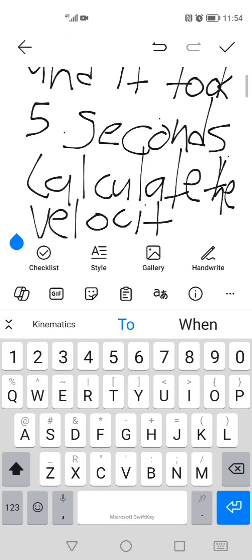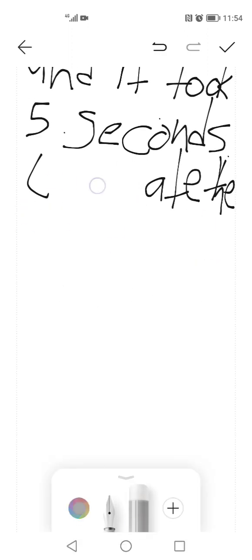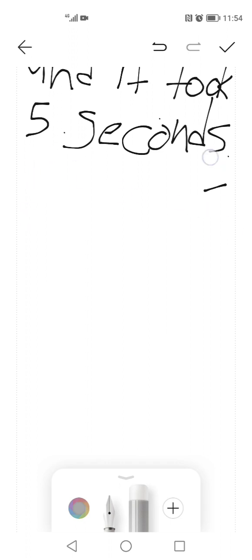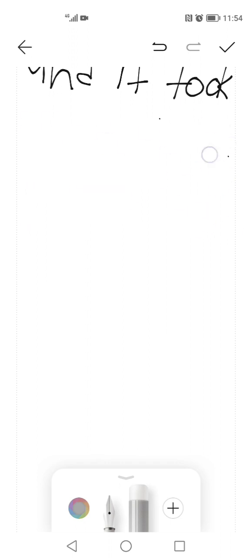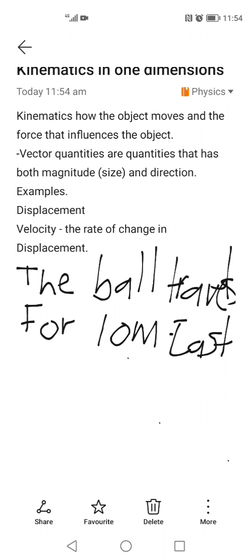These questions are very interesting. Now I'm just making them simple so that you'll be able to understand the concepts. Then let's move to another example.